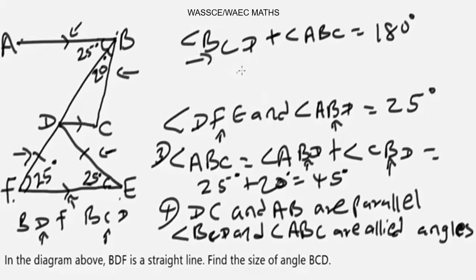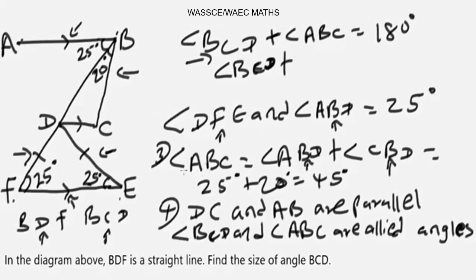Okay, now to get our BCD, very simple. We can choose to call it X, or we can still represent it like BCD. So it's going to give us angle BCD plus we got our ABC.